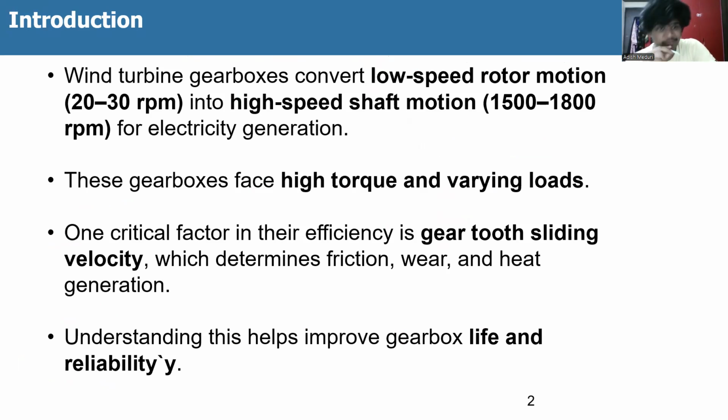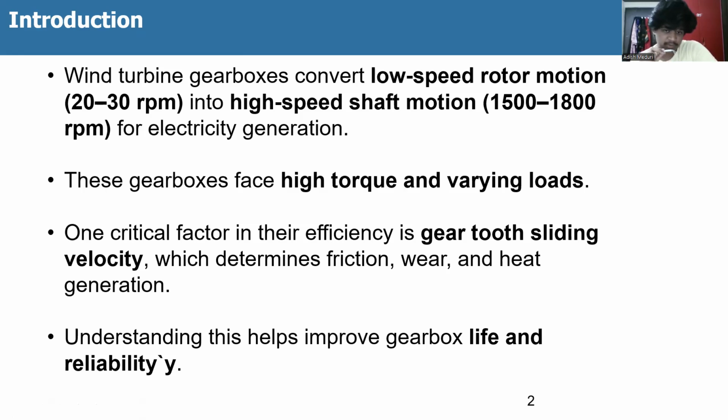Introduction: Wind turbine gearboxes convert low speed rotor motion, 20 to 30 RPM, into high-speed shaft motion, that is 1500 to 1800 rpm, for electricity generation.